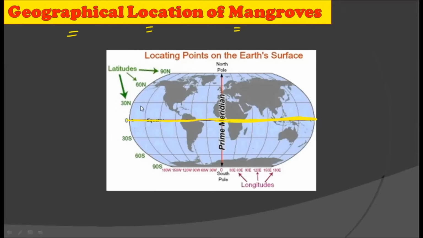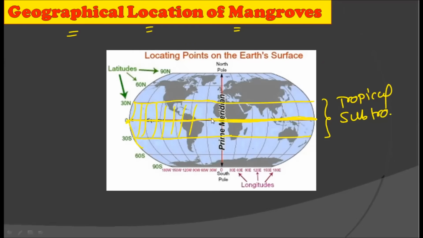Generally all the mangroves grow between 30-degree north to 30-degree south. This is a tropical and subtropical area where these mangroves grow. So within these latitudes, these mangroves have a very special habitat.